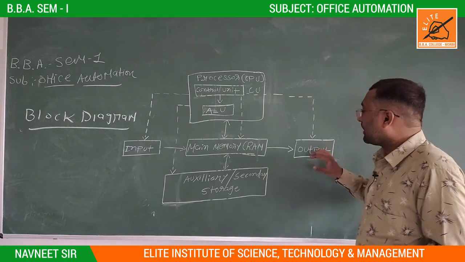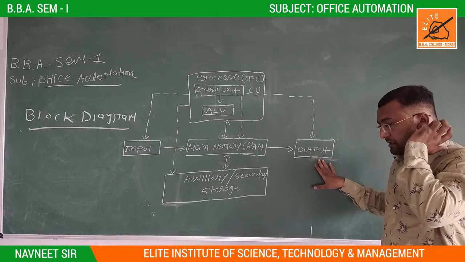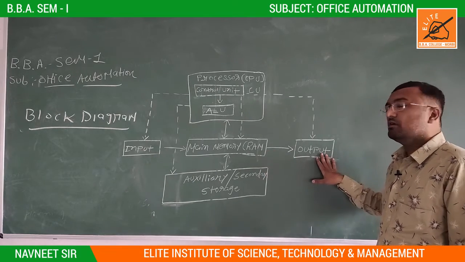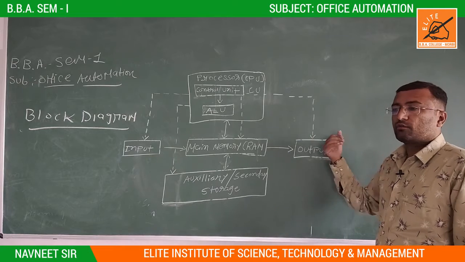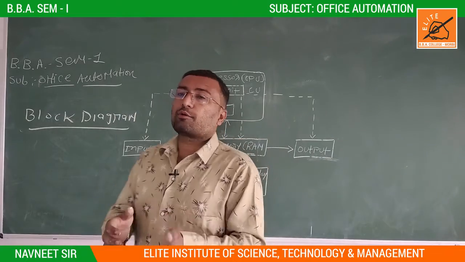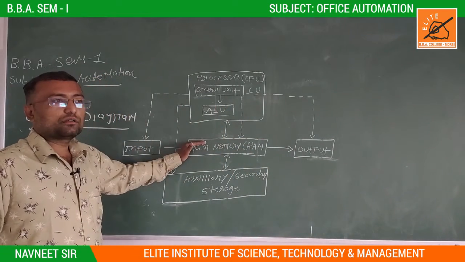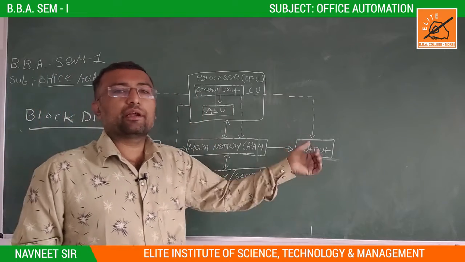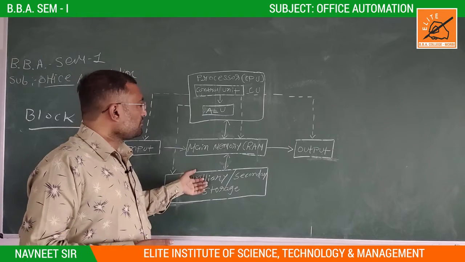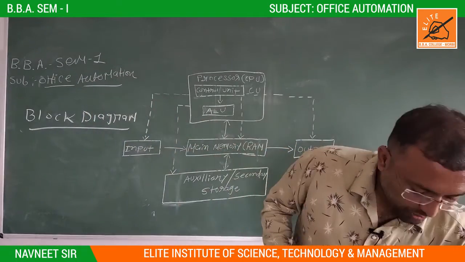Then the output device gives the output, whatever result we want. If we provide the correct input to the computer, then it will produce an accurate result. So this is the block diagram of how a computer works.